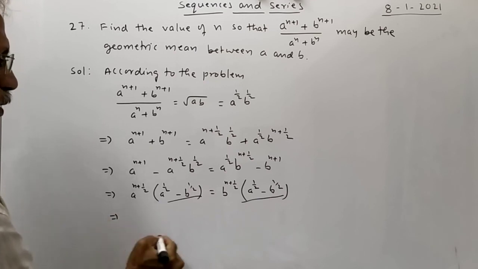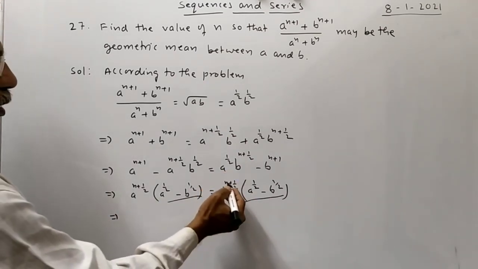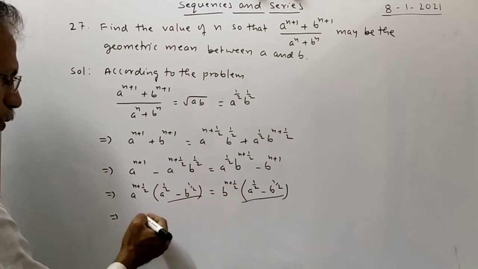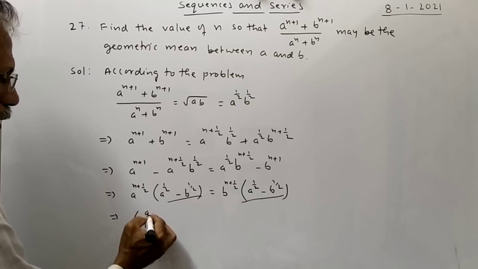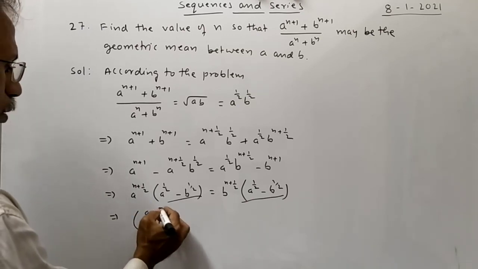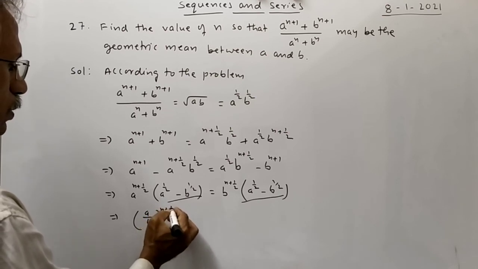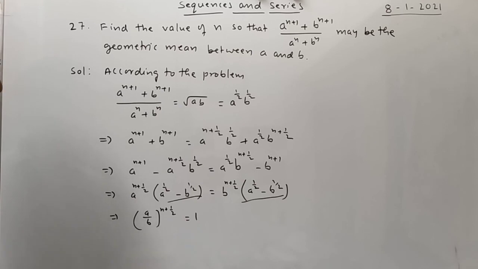This implies, let us bring b raised to the power n plus 1 by 2 to the left side. Then we will get a by b whole raised to the power n plus 1 by 2 is equal to 1.